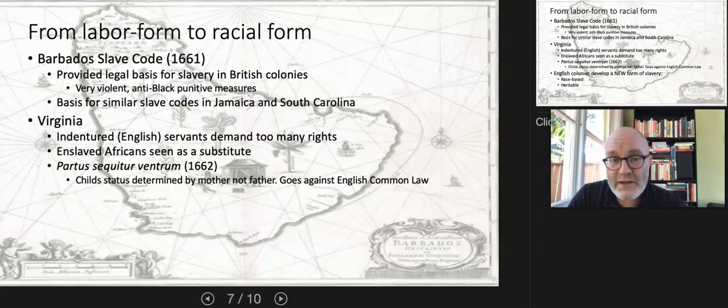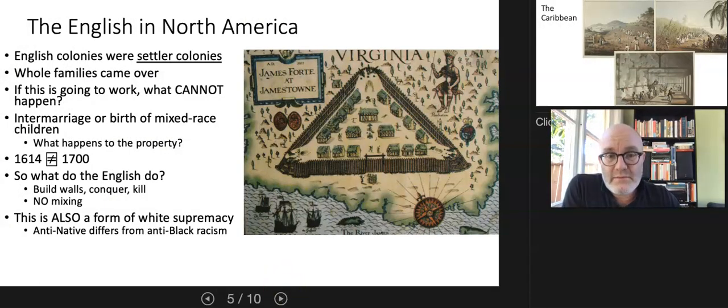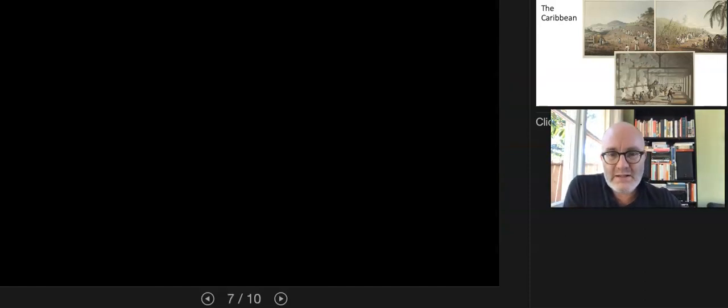1662, Partus Sequitur Ventrum is a law that goes against the tradition of English common law. In English common law generally, your status is determined by the status of your father. The issue being, back to thinking about the most important element of settler colonialism: you cannot intermarry for fear of property inheritance being split up among people that are not English.